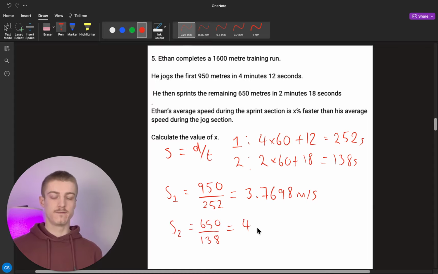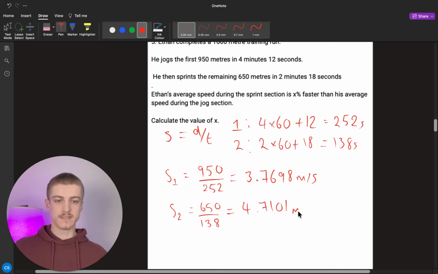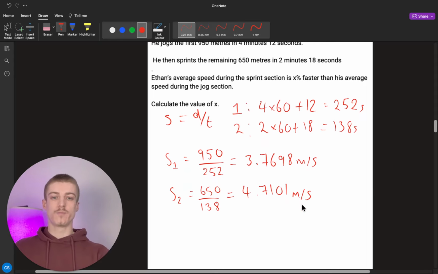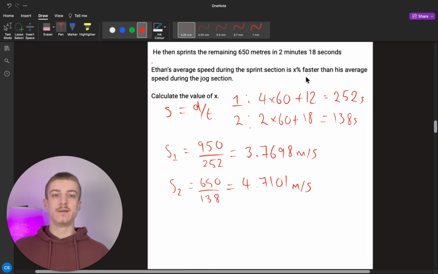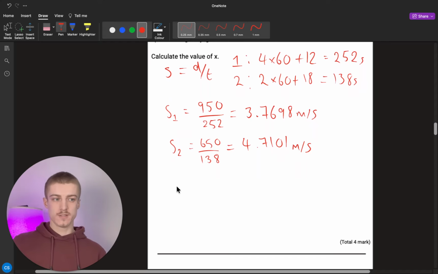It comes out to be 4.7101. So slightly faster because it's sprinting. We have the final, take away the initial, over the initial. And then we times that by 100 to turn it into a percentage. So what do we have?